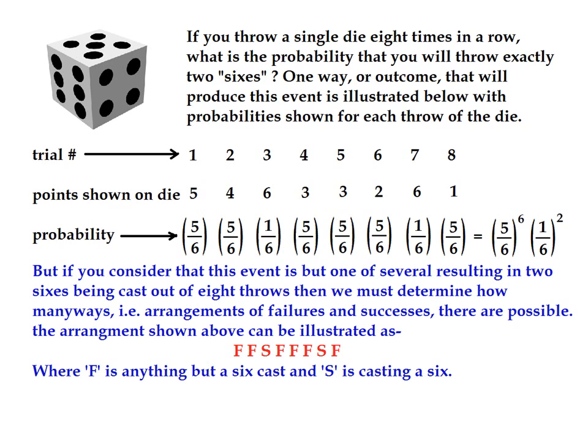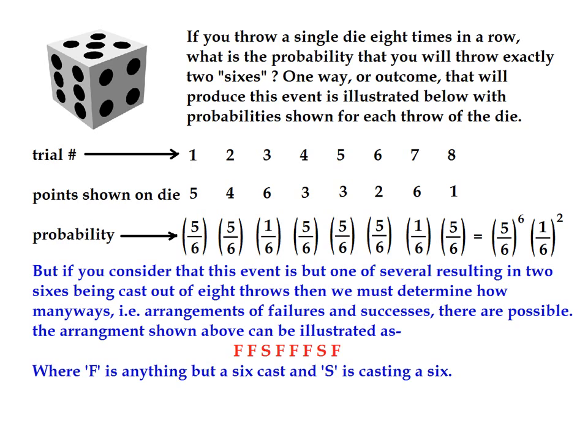the arrangement of successes and failures is the next aspect of our final probability that we're looking for. If you consider this event of throwing 2 sixes exactly in 8 throws of a die, we just calculated one possible arrangement of failures and successes.